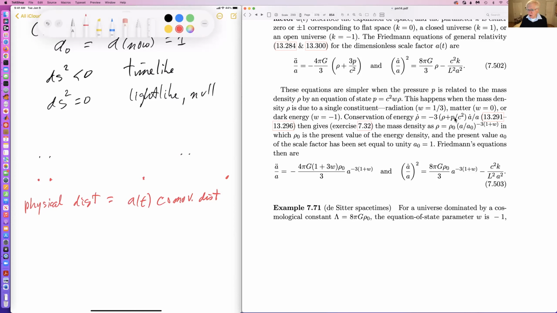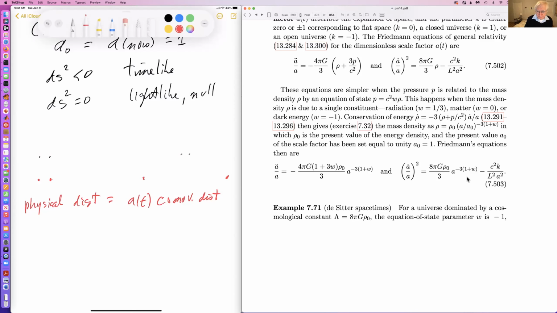And then if you know what p is compared to rho, in other words, you have an equation like this, you can then write rho in terms of A. Where rho 0 is the present value of the energy density, and A0, by convention, is set equal to 1. You can then rewrite these equations in a much simpler form, and they look like this.